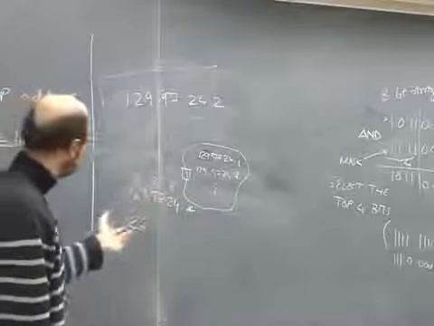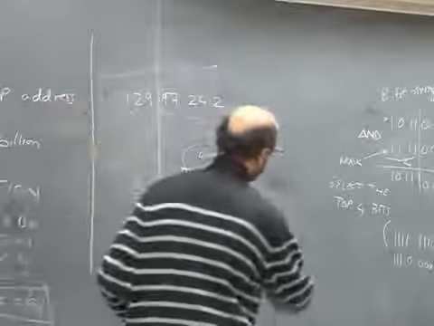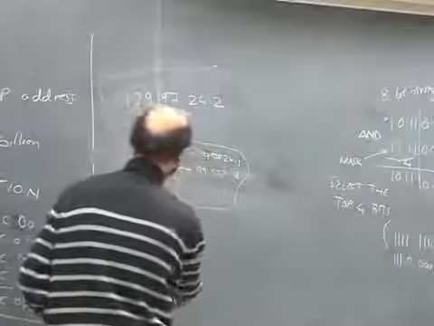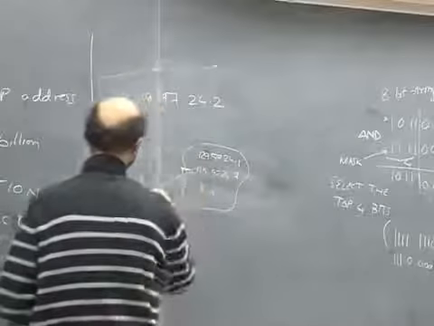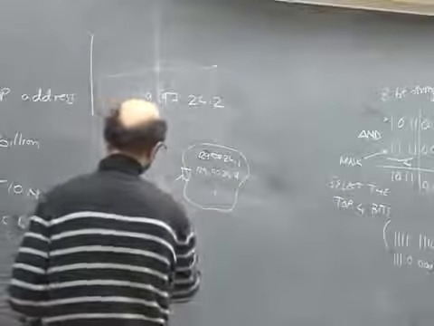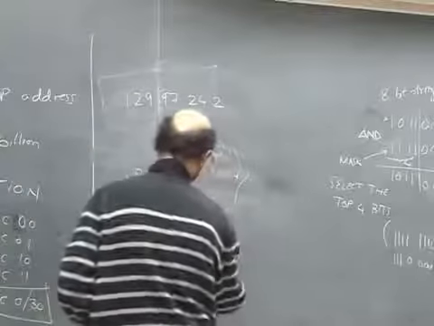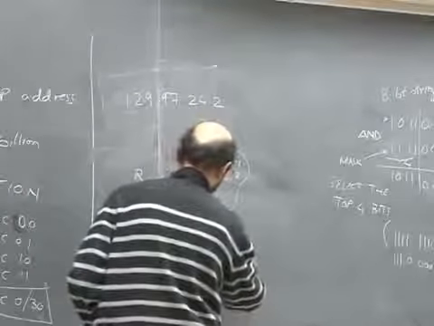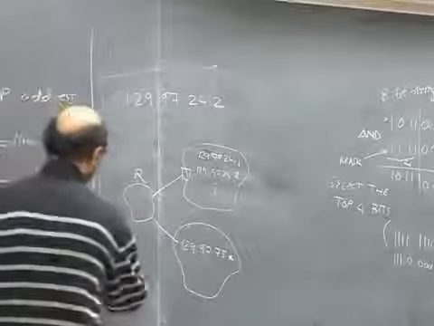Okay? So in this routing table, to go back to this, let's put some routing table next to it and see what happens. I have a router over here, and then it has got another subnet, which is 129.97.75. In its routing table, it would have entries like this.